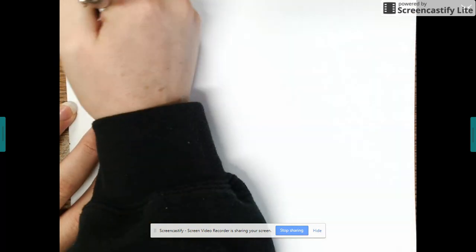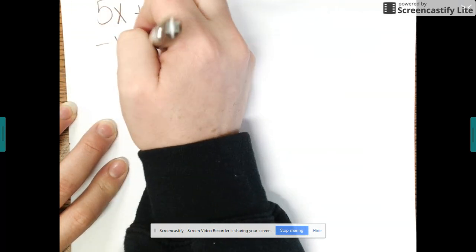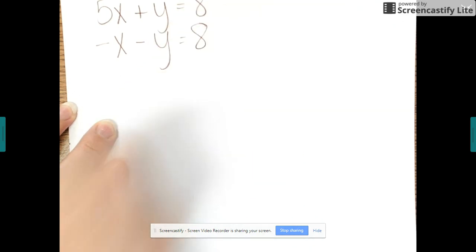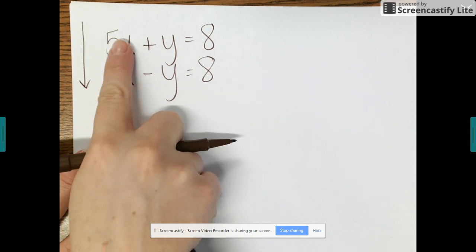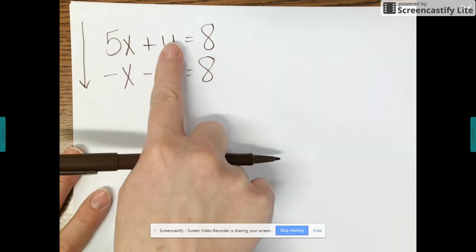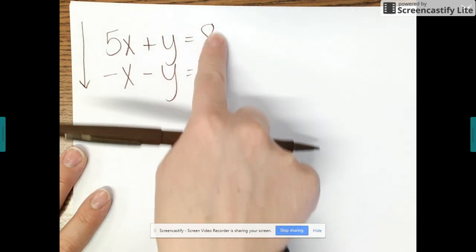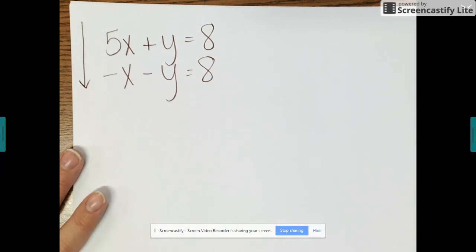Let's do this. 5x plus y equals 8, and negative x minus y equals 8. Okay, again, we're looking vertically. Let's make sure everything is lined up. X's are good, Y's are good, the equal sign, and the 8 is good. Okay, now, which one's going to cancel out very easily?